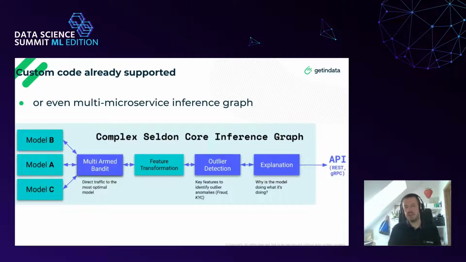Also, if you have some transformations that can be reused across different models, for example, something that is common for your organization, you can use this complex Seldon Core inference graph with this green box in the middle that allows to extract the feature transformation as a service and deploy it as a second or third separate microservice that would be called when the model is called. So then you can actually reuse transformations across different models.